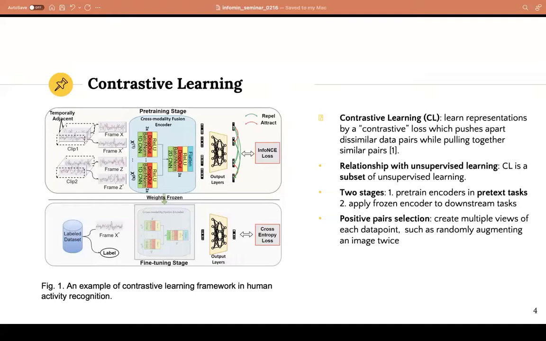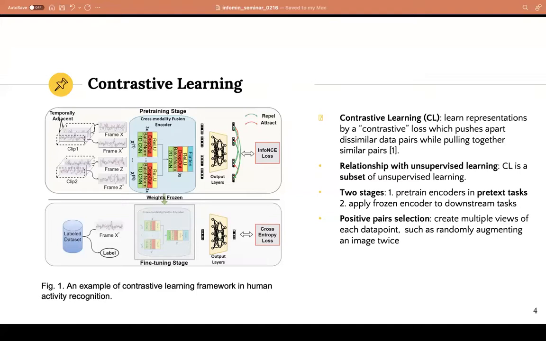And you can see at the end, the green arrow means those two vectors in the latent space are supposed to repel each other because they are from different samples, they are negative pairs.